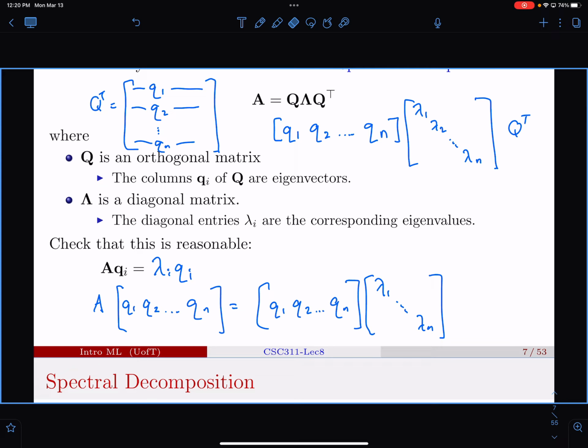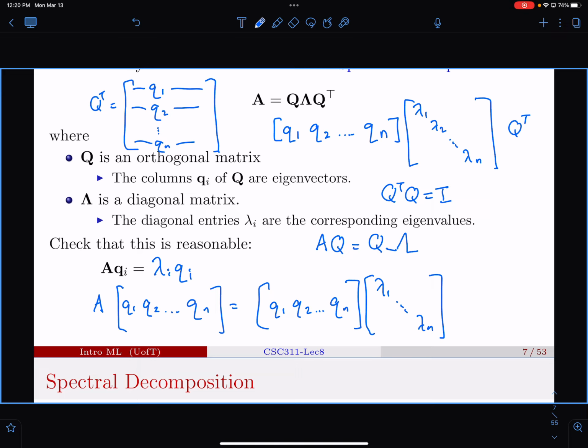So if you go back to this here, we have A times the matrix Q is equal to Q times the matrix lambda. And this lets you factorize, because by definition we have Q transpose Q equals I. So Q and Q transpose are actually inverses of each other.